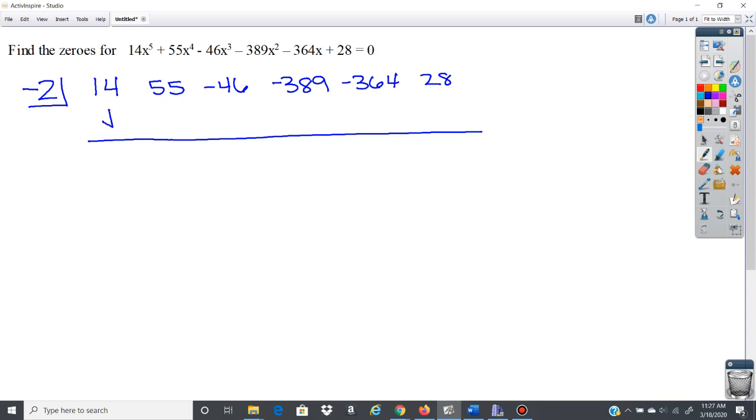Okay, so I'm going to pull the 14 down. I'm going to do 14 times -2. That's going to give me a -28. Then 55 minus 28 gives me 27.